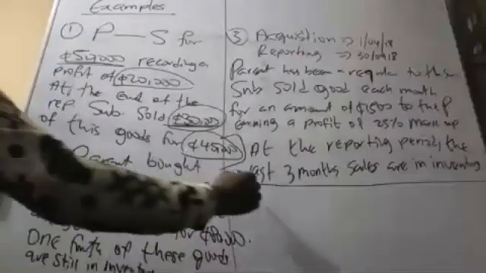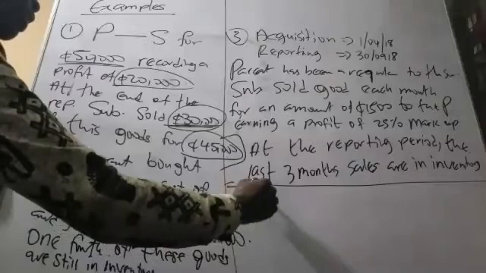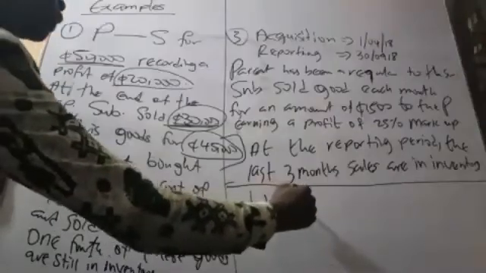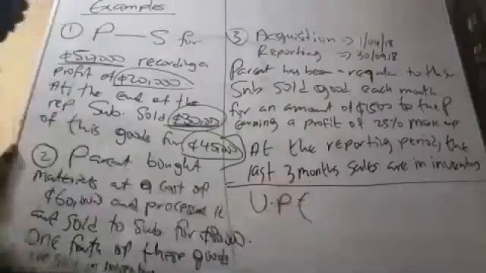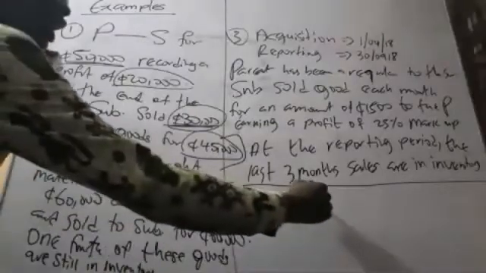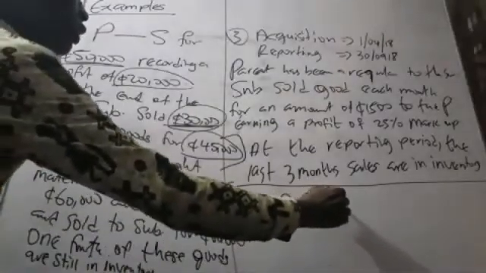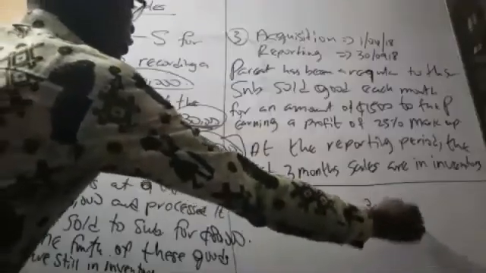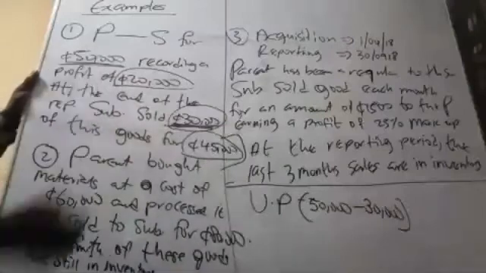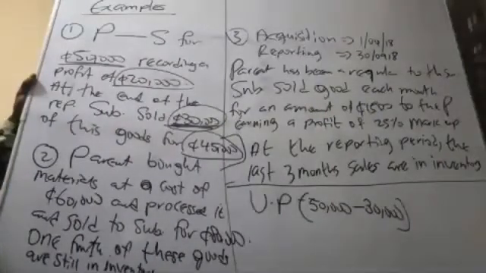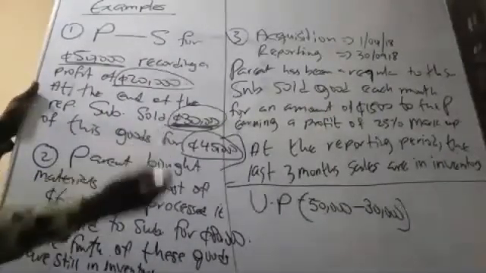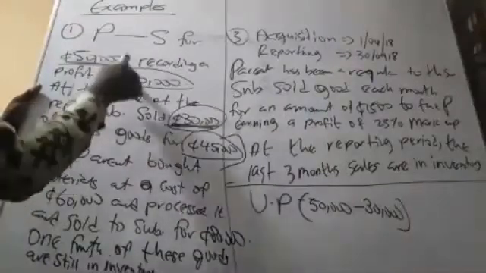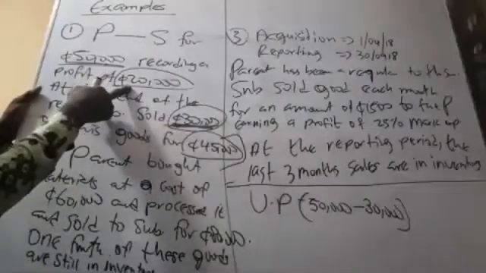Open your bracket: the unrealized profit is this 50,000 less 30,000. This 20,000 is not the profit of 20,000 in the question; it's a coincidence.